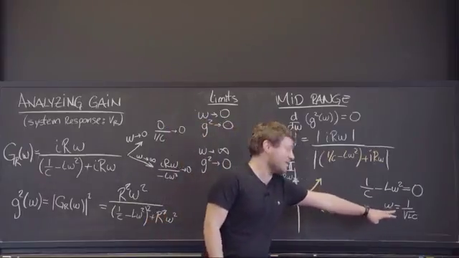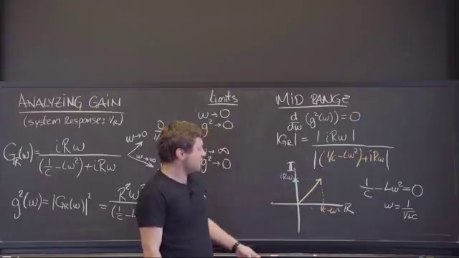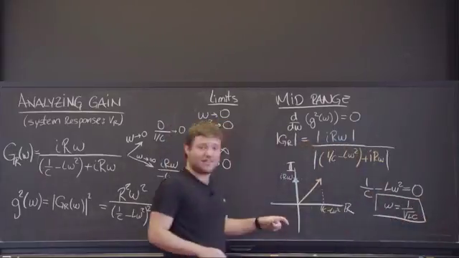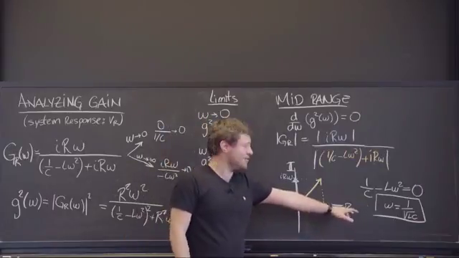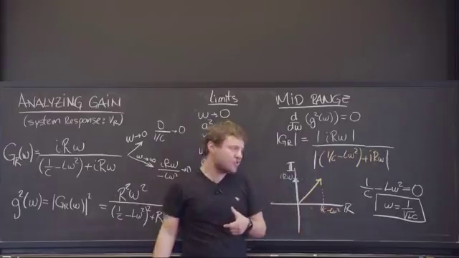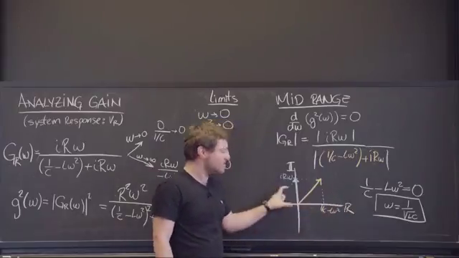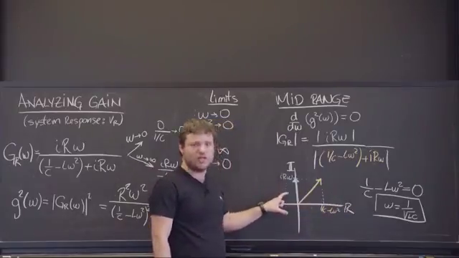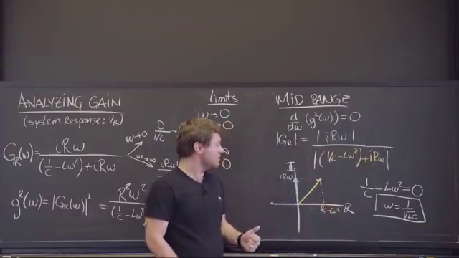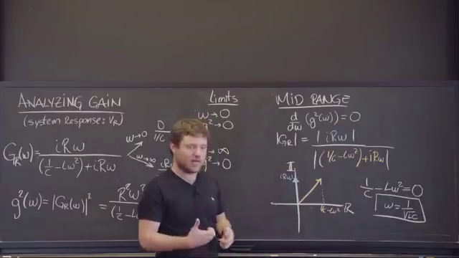That's why we don't have a plus or minus. So this is the frequency where the gain is maximized. Instead of taking derivatives of a complicated expression, we were able to do this simply by thinking about the geometry of complex numbers. And now we have the value of omega that gives us the maximal gain.